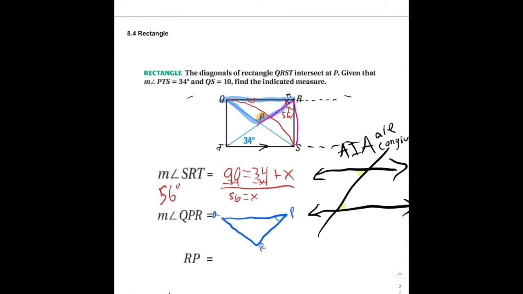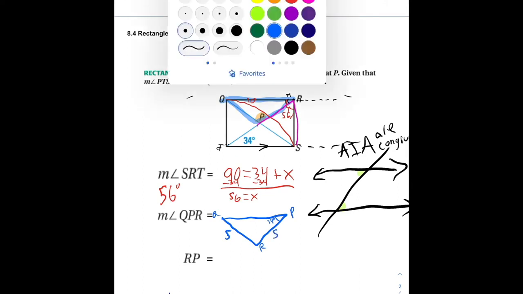This angle we found was 34 degrees. We are trying to find angle QPR. Because the whole diagonal Q to S was 10, halfway is 5. So this side is 5, and this side is also 5.